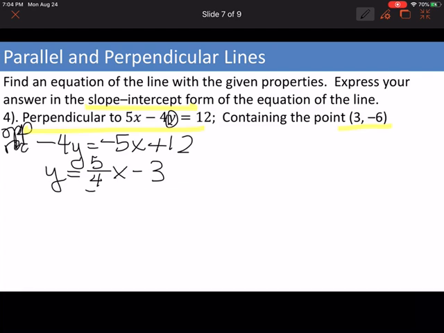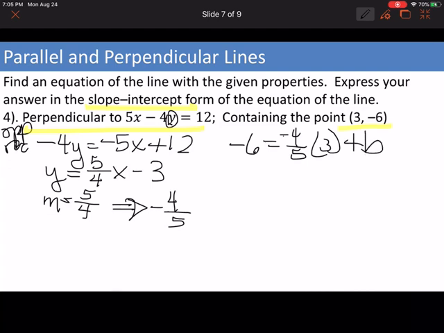So the slope here is 5/4, but remember we have to change it. So it's going to be -4/5. Containing that point. Okay, so -6, -4/5 over 3 plus b.